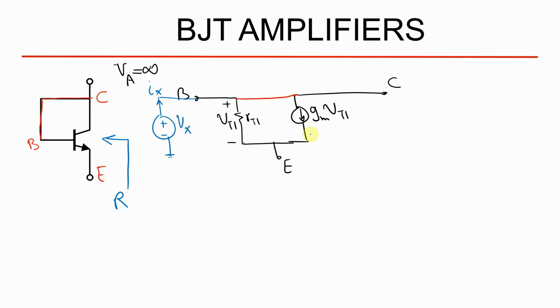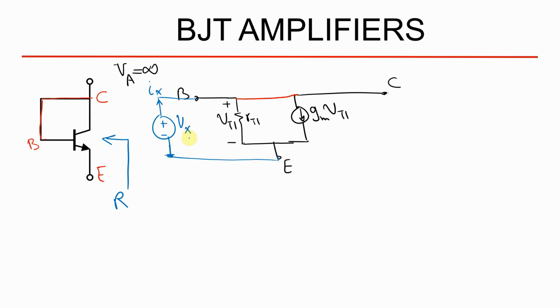I'm going to calculate the resistance between the base and the emitter. So this is another node for me, and these nodes are just the same. It doesn't matter if you place this as a ground or not, because I'm going to calculate the resistance between these two nodes.